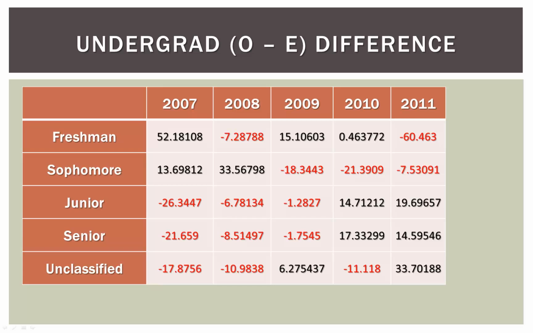So you can see that for freshmen in 2007, we observed about 52 more students than we expected. Now let's say we go down to sophomores in 2009, we expected 18 more students than we observed. So if it is in red, that means our expectations were more than we observed.